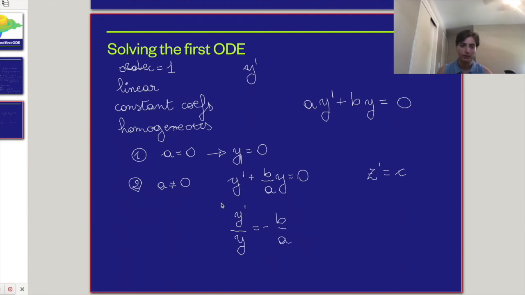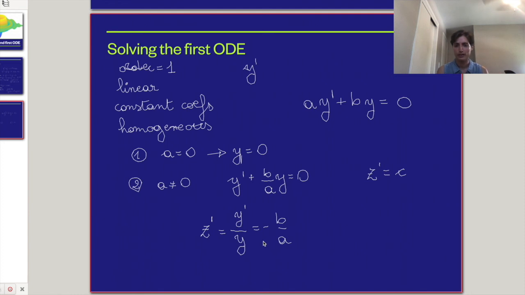And we're saying that we're going to call y prime divided by y, we say that this is z prime. How does that work? It does. We just have to be careful when we want to go back, what is going to happen. So we have defined z to be such that z prime equals y prime divided by y.